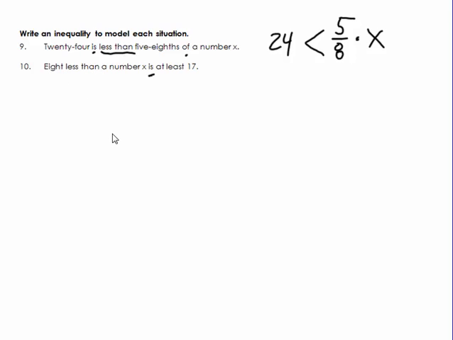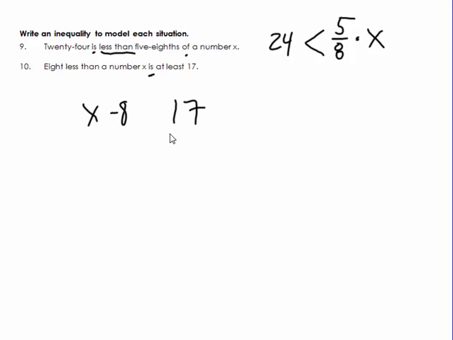So 8 less than a number x, well, that's x minus 8. This is at least 17. Well, I'm going to put my 17 over here on the right. We need to determine at least. So at least means the smallest it could possibly be is 17.